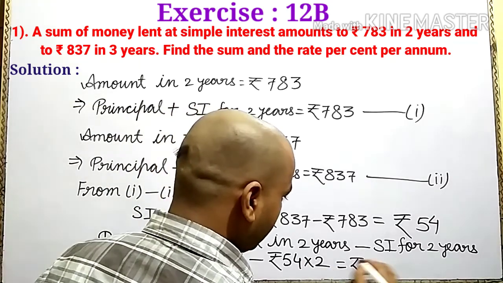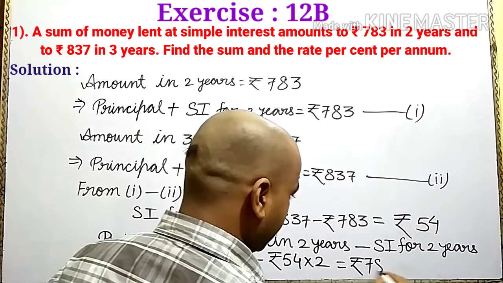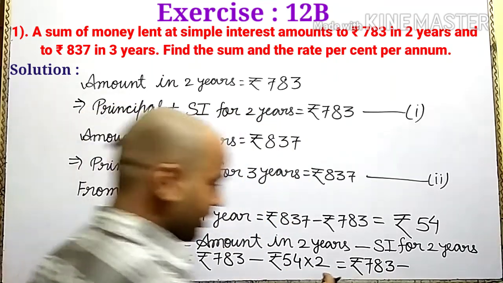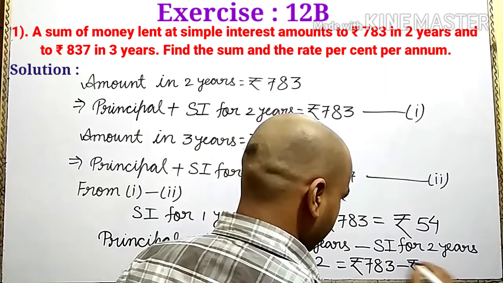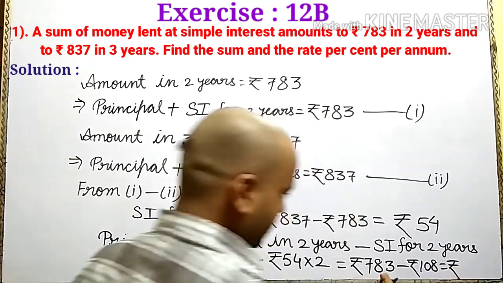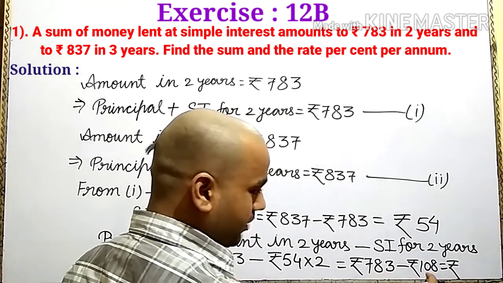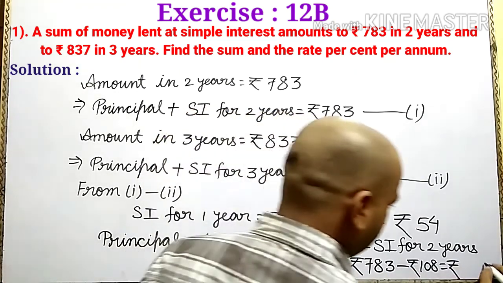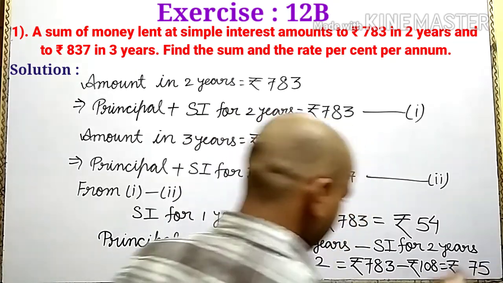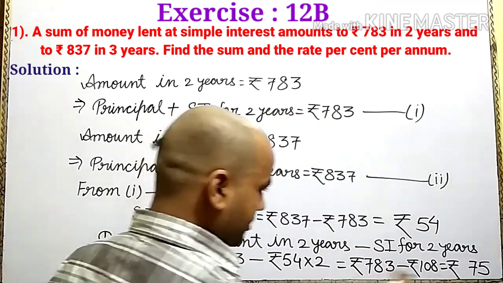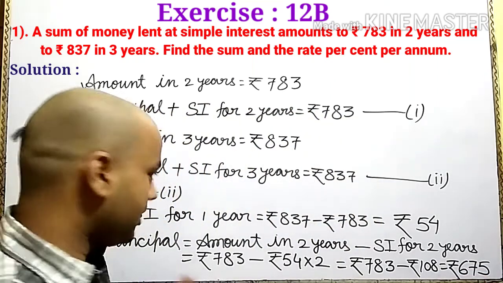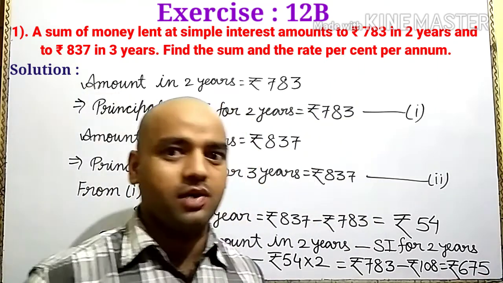So principal is equal to 783 minus 54 into 2, we get 108. 783 minus 108, we get 13 minus 8, 5, 7 minus 0, 7, 7 minus 1, 6. So we get principal is equal to 675.